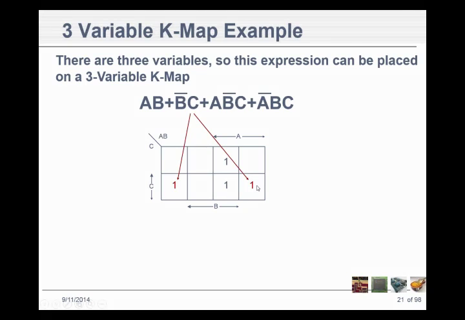So they overlap here and here. Then we got this one. Now it's got 3 variables, so how many 1s are we going to have? The more variables we have, the less 1s we have. The less variables, the more 1s we have.